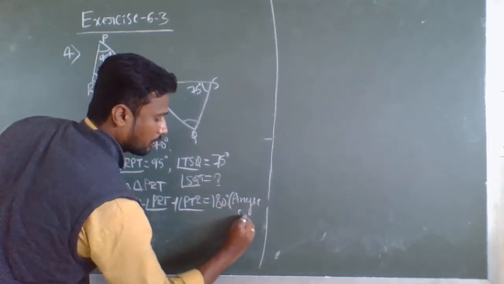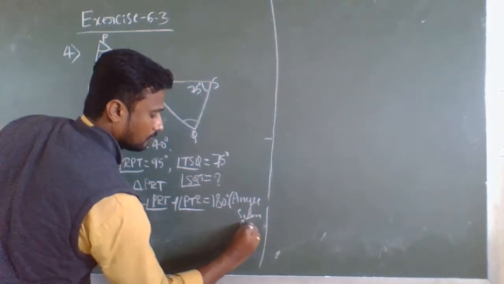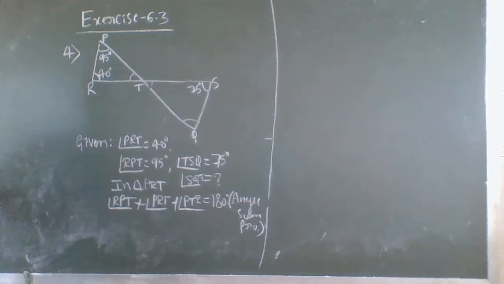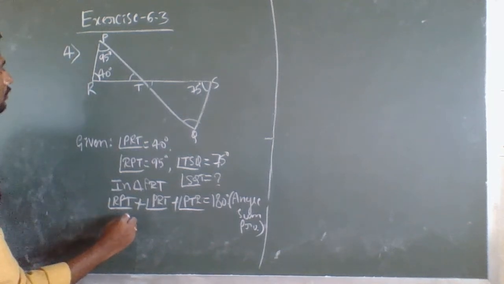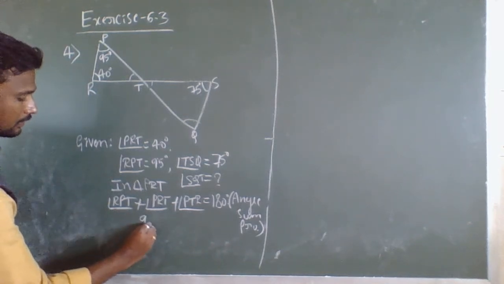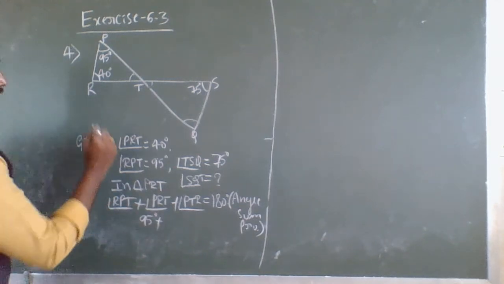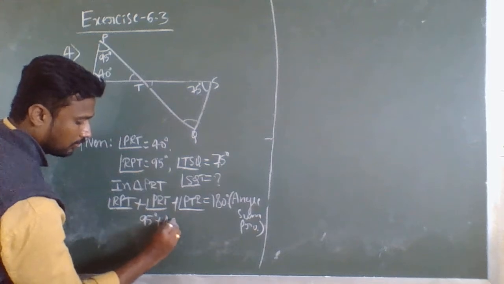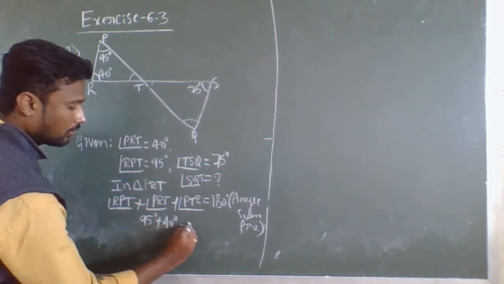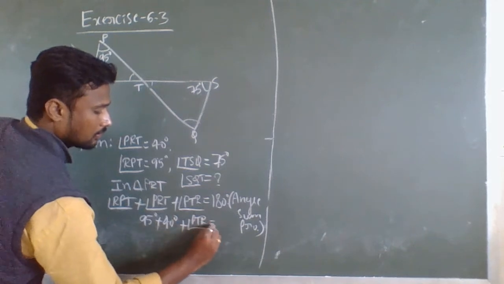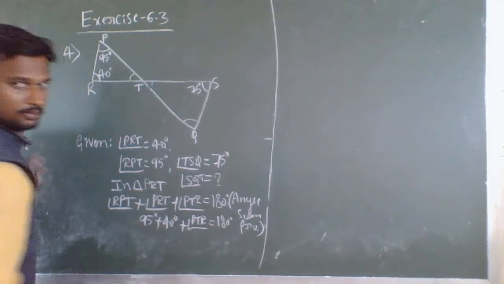So here angle RPT is 95 degree plus angle PRT is 40 degree. They have given these values, and we have to calculate angle PTR, and the sum is 180 degree.